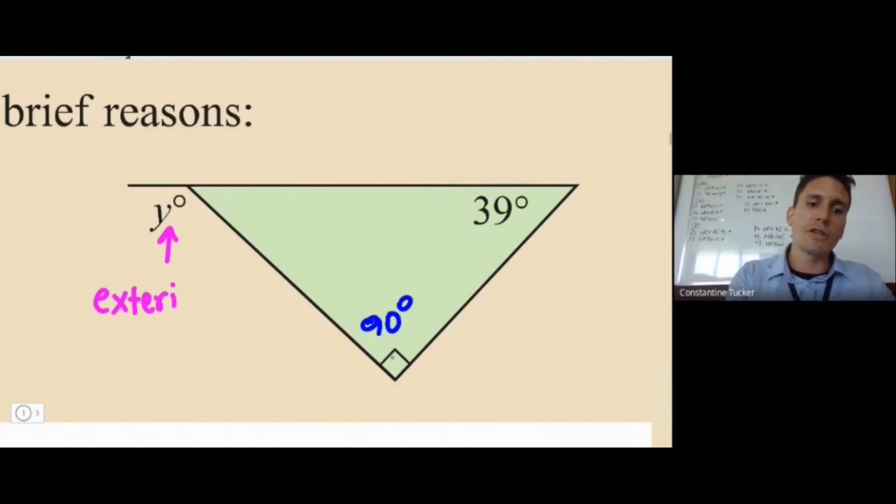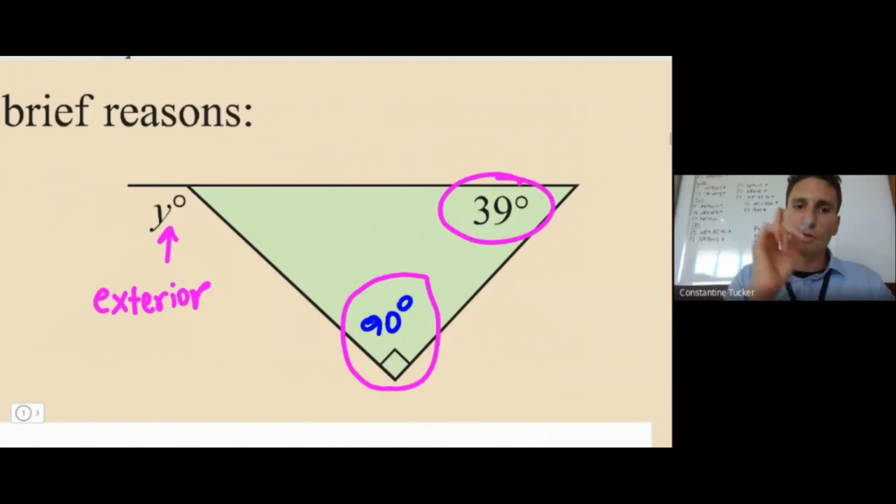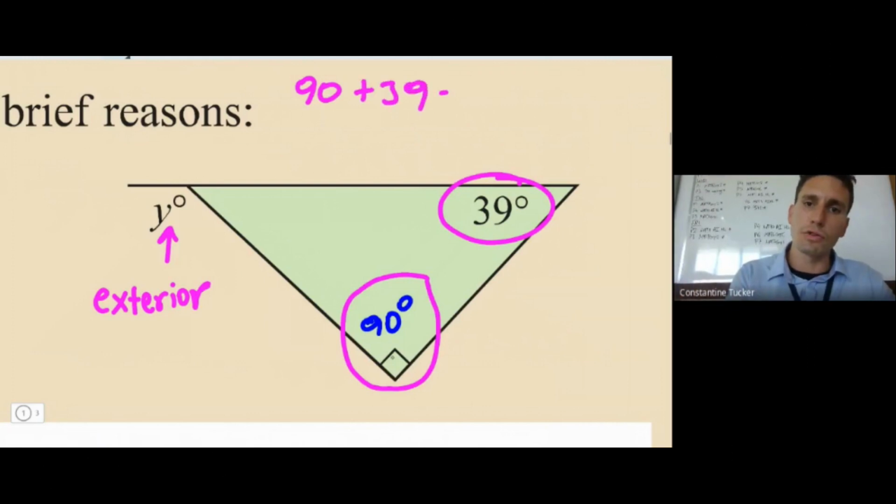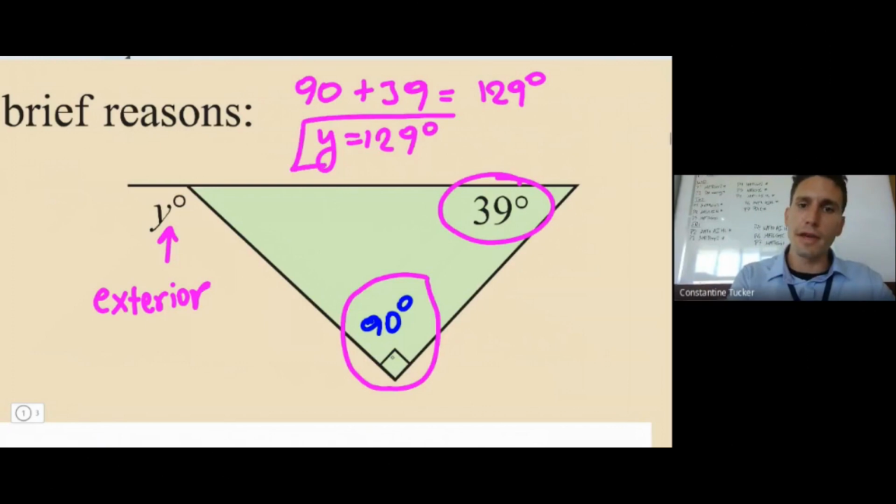So what we do know is that any exterior angle in a triangle is equal to the sum of the opposite interior angles. So the sum of this angle plus this angle. So what do we know? We know that if you add 90 plus 39, that is equal to the angle we're looking for. So this is actually equal to 129 degrees, which means y is equal to 129 degrees.